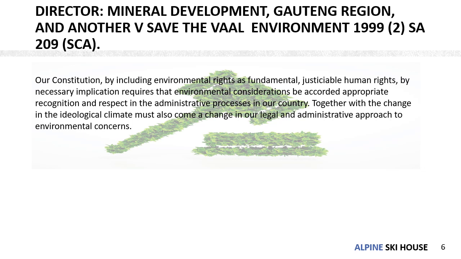It says that our constitution, by including environmental rights as fundamental, justiciable human rights, by necessary implication, requires that environmental consideration be accorded appropriate recognition and respect in administrative process in our country.